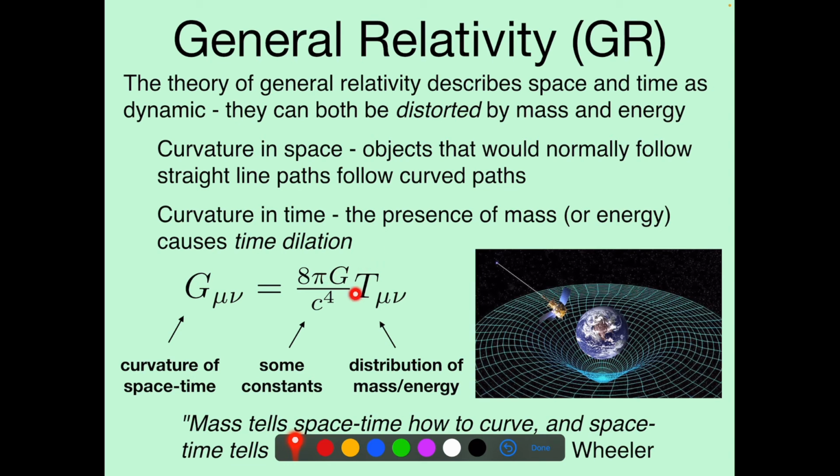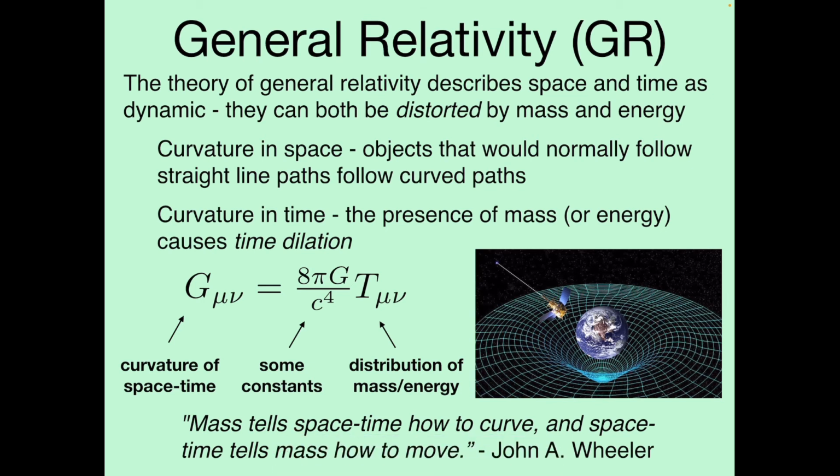And then this is an object that describes how mass and energy are distributed throughout space. So basically, if you know how mass and energy are distributed throughout space, you can figure out what the curvature of space-time is. Then you know that objects that move in that curved space-time have to follow certain paths, and you can figure out the motion of things like a satellite orbiting the Earth.